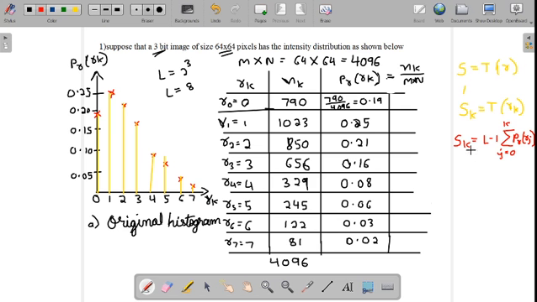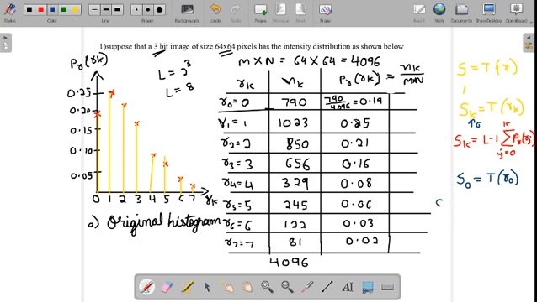Okay. Next, let us first try to find S naught. Let us substitute k equals 0. We get s0 equals the transformation applied on r of 0.